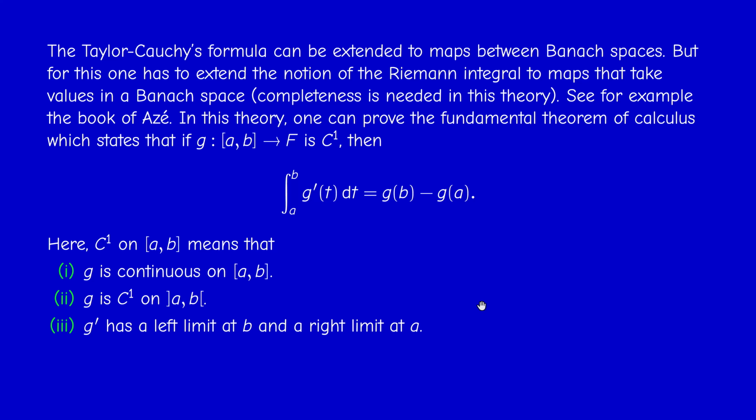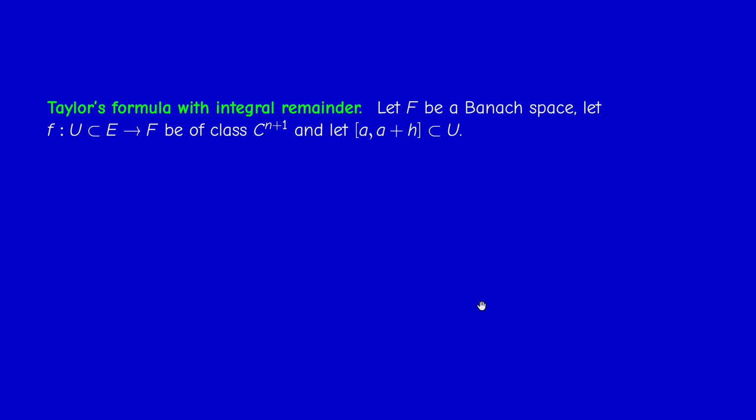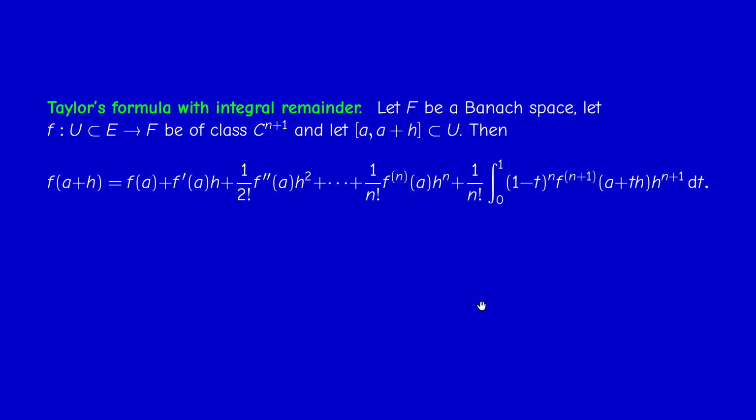Having done all this, I didn't do that, but you can look at the book of Azé, where this is done, and you will see where the assumption of completeness is used. So having done this, then it's very easy to prove Taylor's formula with the integral remainder. So this is the form: the Taylor polynomial, and the remainder is given as an integral.